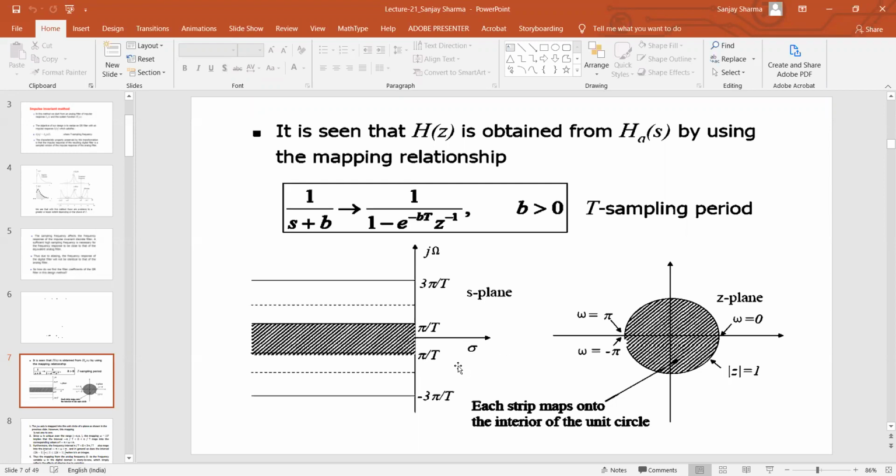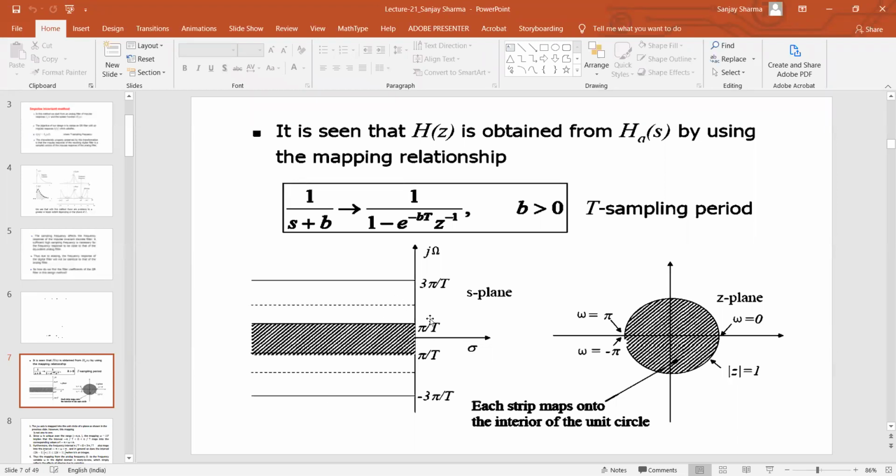This strip from minus pi by capital T to plus pi by capital T will go inside the unit circle. It will occupy the complete unit circle. So that's the meaning of the mapping.